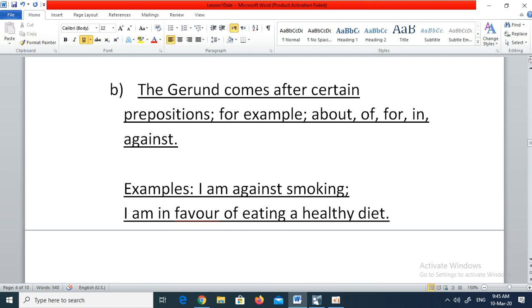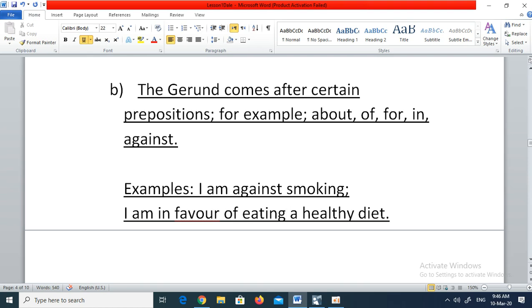So in the first example reads, I am against smoking. Our gerund there is smoking, and the preposition against will come in front of the gerund. In our second example, I am in favor of eating a healthy diet. Our preposition here is the word of, and it comes in front of our gerund, which is the word eating.